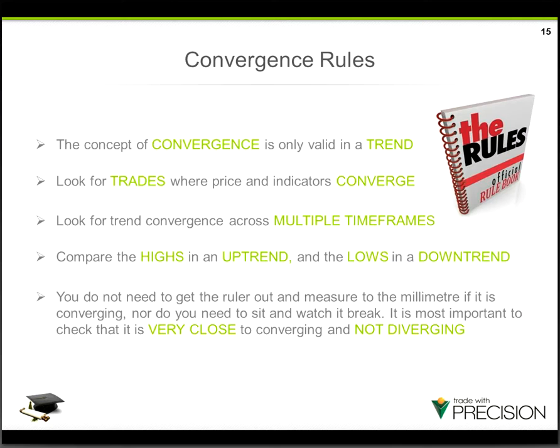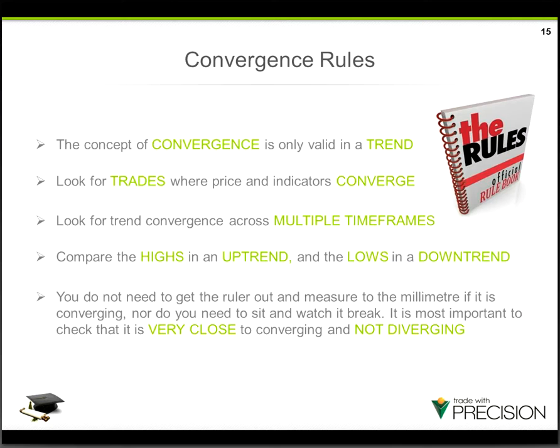And if we're looking for trend convergence across multiple time frames, then again, that just adds to our probabilities. So we're comparing the highs in an uptrend and the lows in a downtrend between both price and the indicators to arrive at the conclusion whether the charts are converging or diverging. Now, for some of you who may be perfectionists, you don't need to break out the ruler and measure the highs or the lows to the millimeter to see if the indicators are converging.